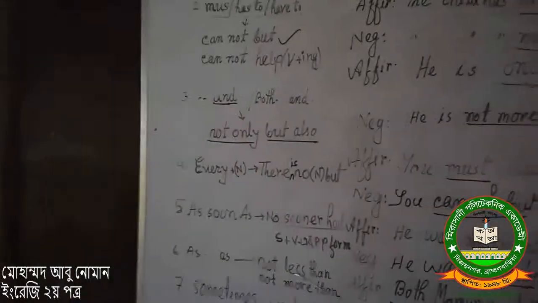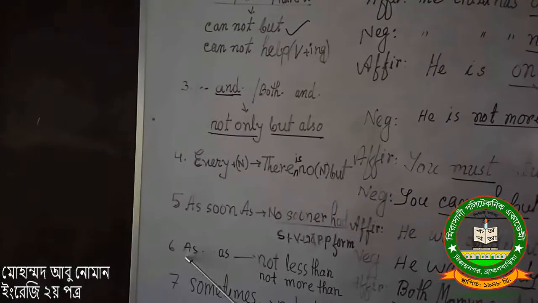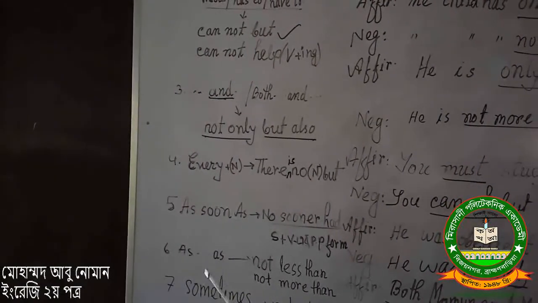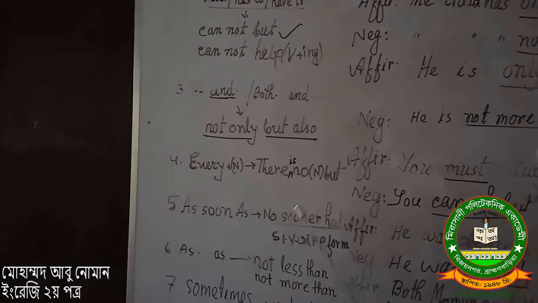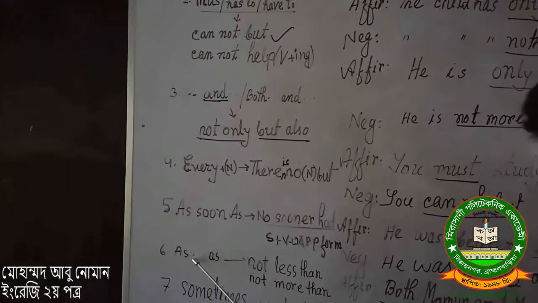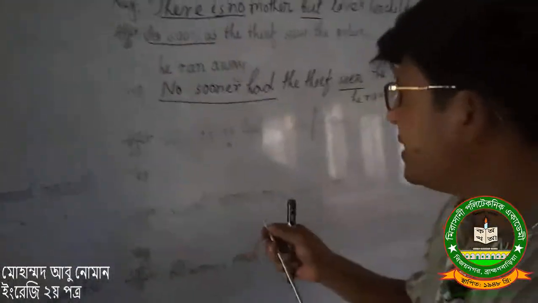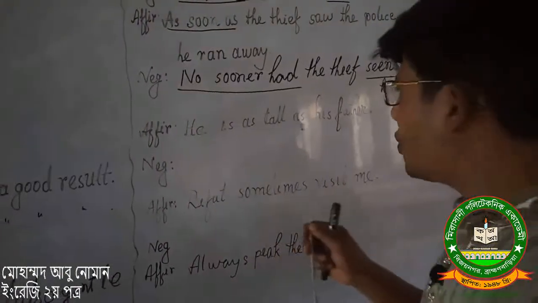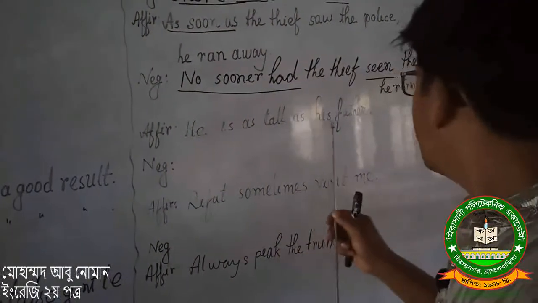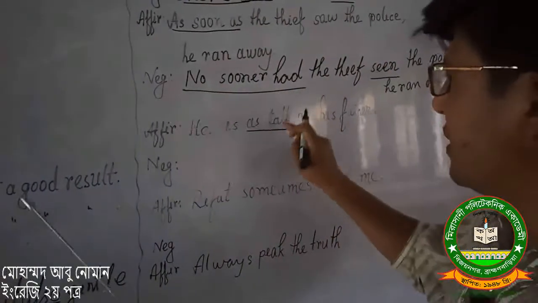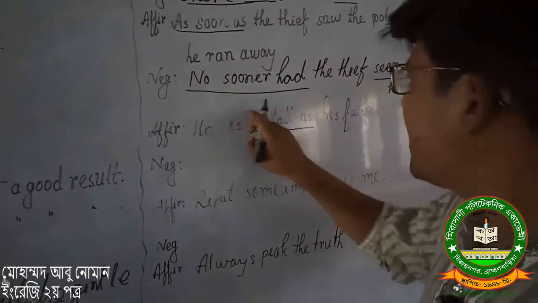Another rule you may say is "as dot as". I mean here we will use a word, which may be an adjective or something else. Follow the sentence: he is as tall as his father. Here, as tall as: we found the word as before and after.